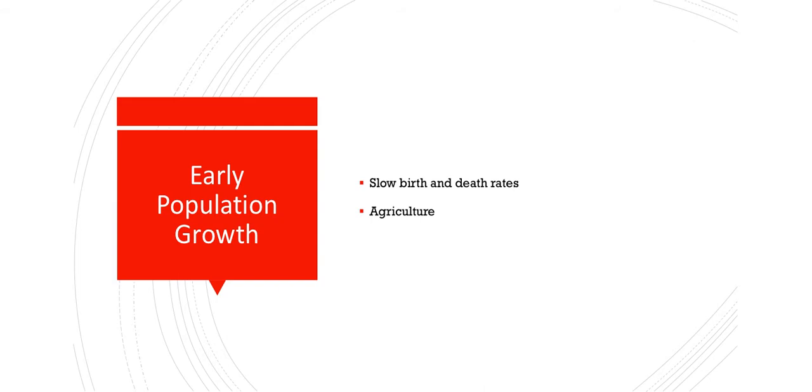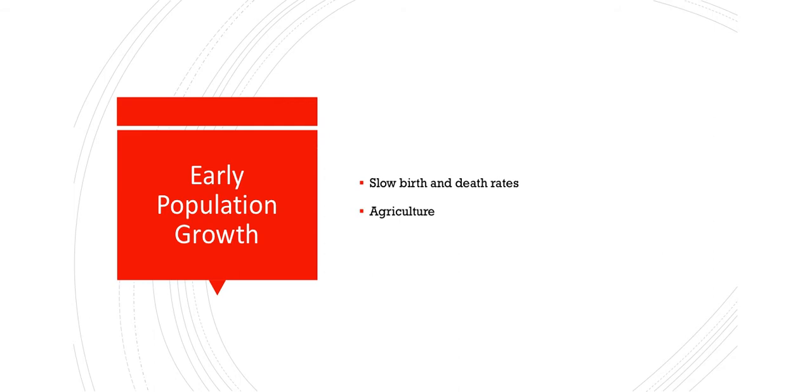They hardly ever made it up to a certain age, and typically around the age of 30 was considered old and dying. So even that age, which we now consider a little bit young, back in the early population growth time frame was considered old.